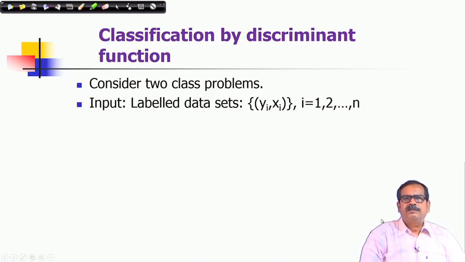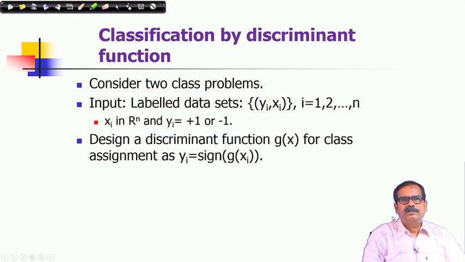So, let me revisit the problem statement with respect to these two class problems. We have labeled data sets: there are n training samples, each one has a label yi, and each xi is an n-dimensional feature vector. There are two classes, so we will represent the class by the value of yi as +1 or -1.